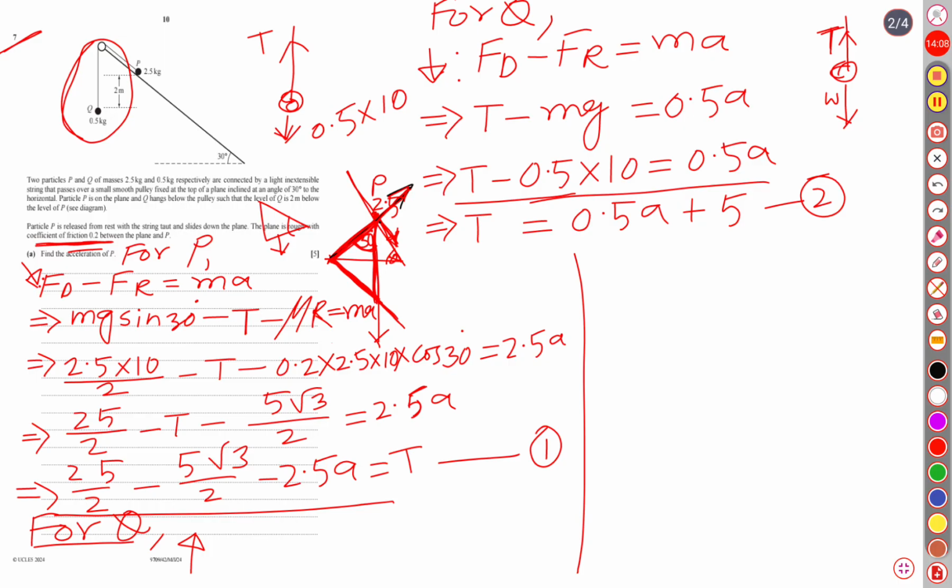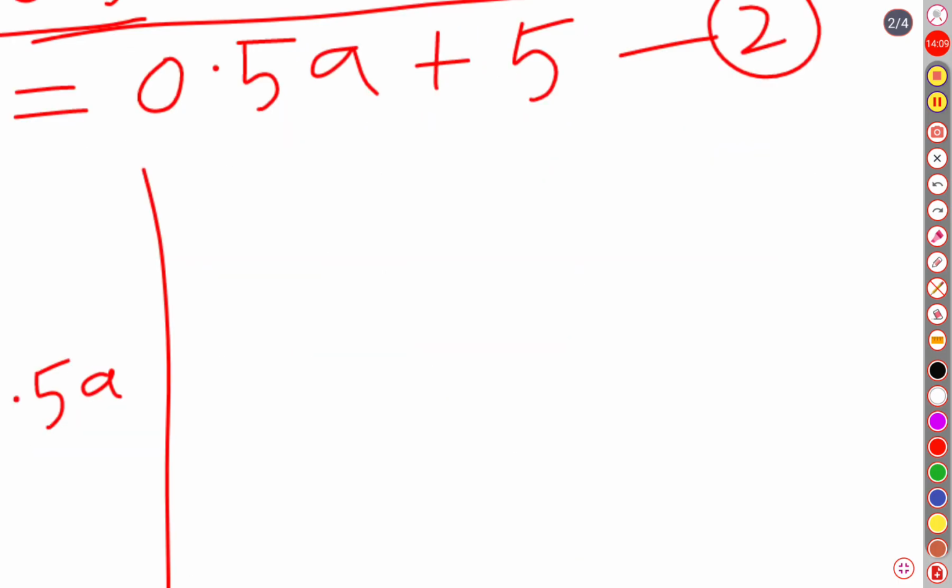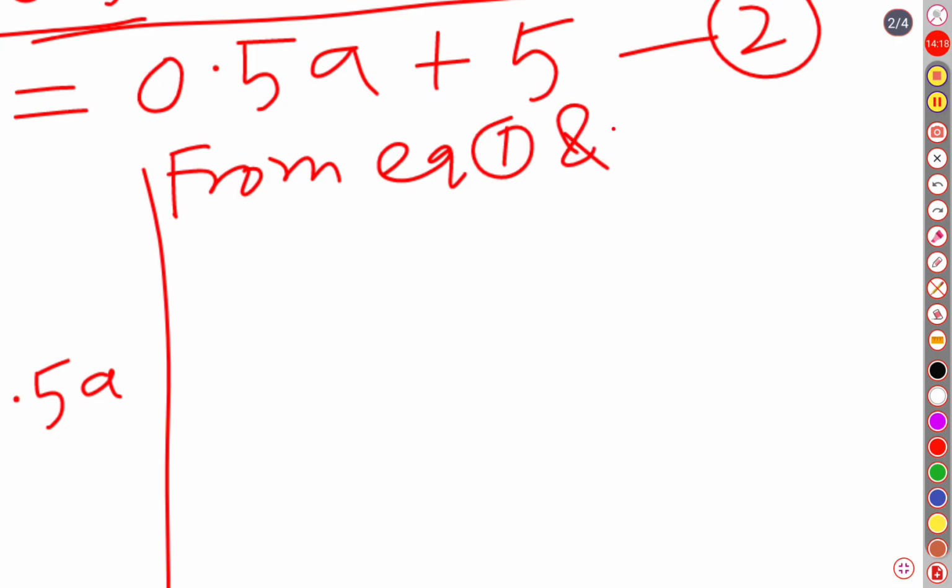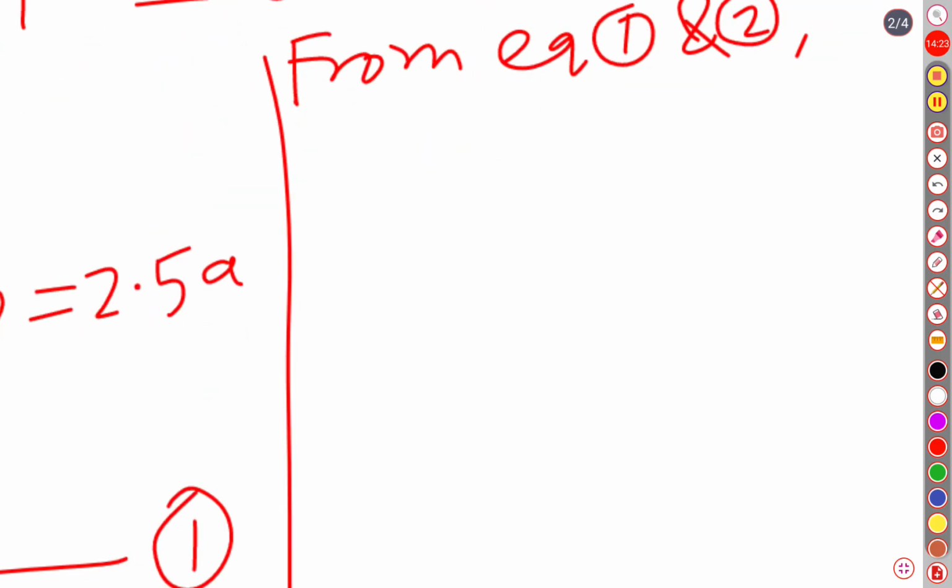So from equation 1 and 2, what are we getting? Equation 1 is, let me show you again.